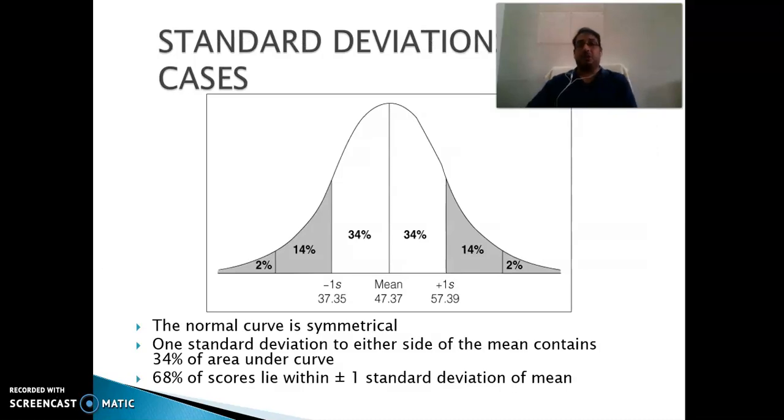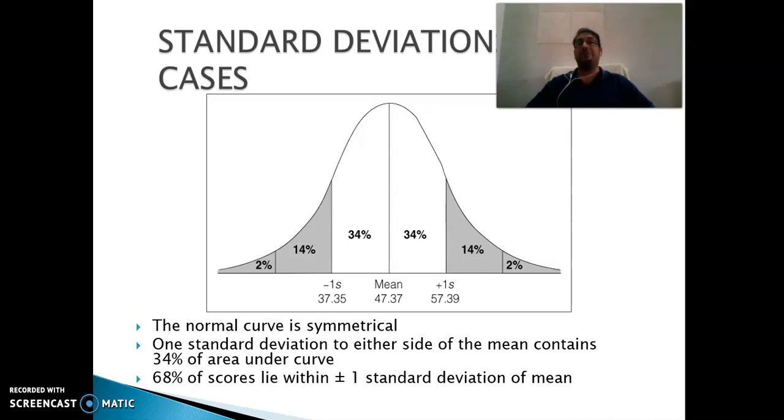Then standard deviation and cases. You can look at this bell-shaped, normally distributed curve. When you know the mean and standard deviation, you can very accurately determine what percentage of cases fall under certain defined areas beneath the normal or bell-shaped curve.